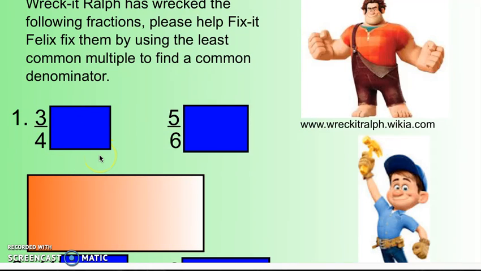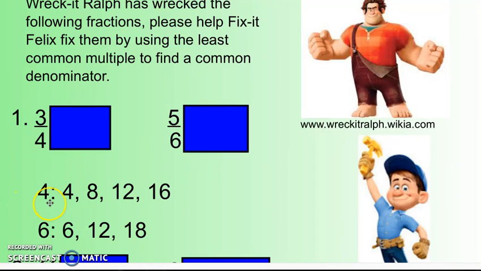He's going to try to find a denominator that they both share and then find an equivalent fraction for that. So let's look at our denominators, 4 and 6. He's going to list all the multiples of 4 and 6. So here are the multiples. And we can't list all of them. He wants to really bad.